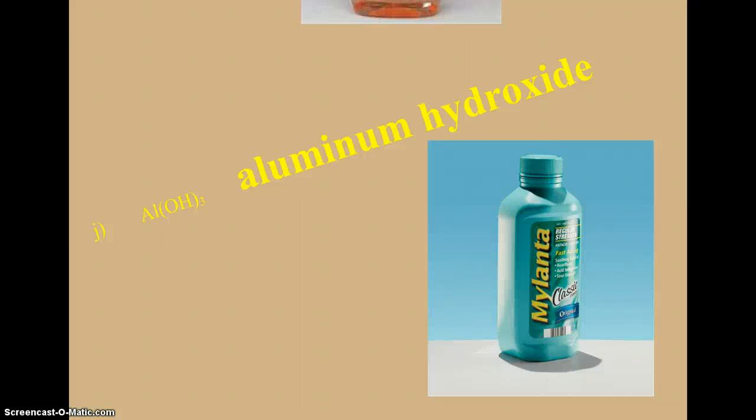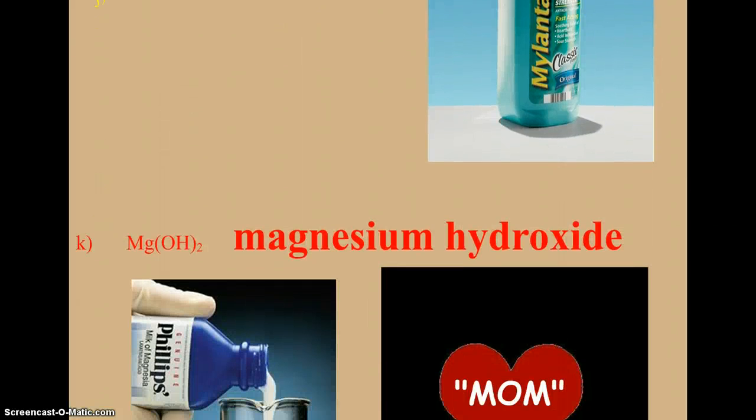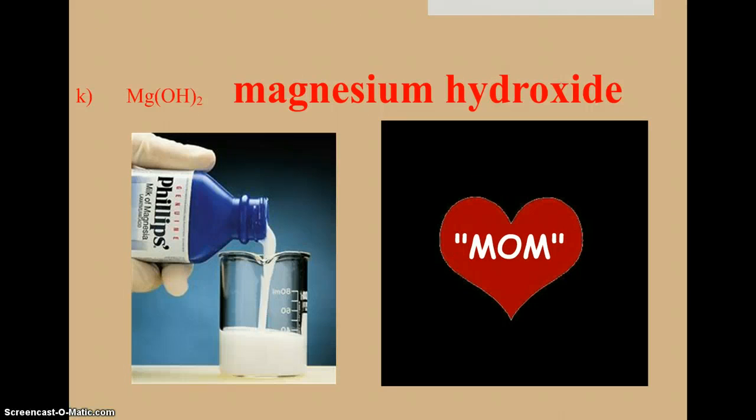Mylanta, that's an antacid brand. Whereas magnesium hydroxide in milk of magnesia. There was a commercial back in the day, milk of magnesia mom. No one takes care of you like mom when you had an upset tummy. But that's the active base in that type of antacid.